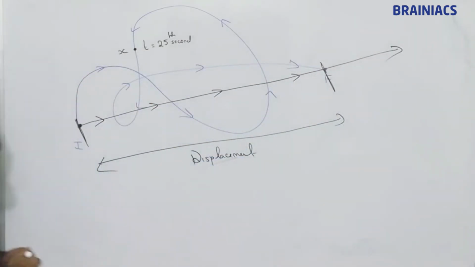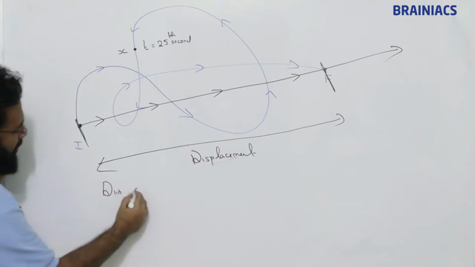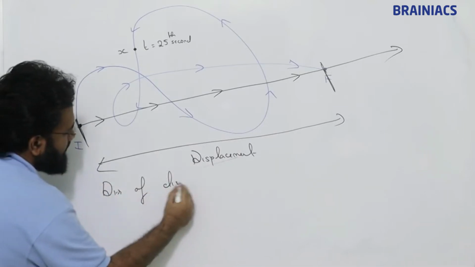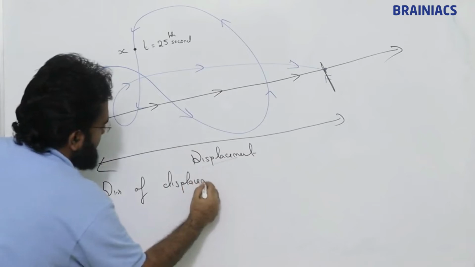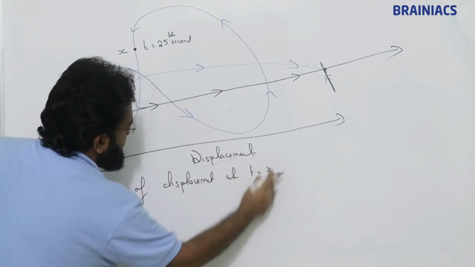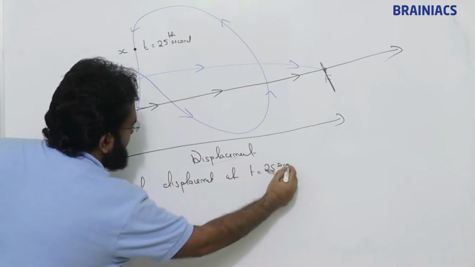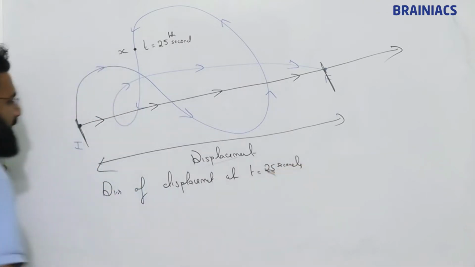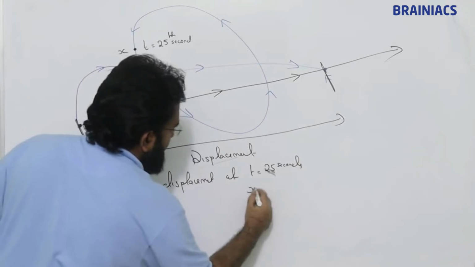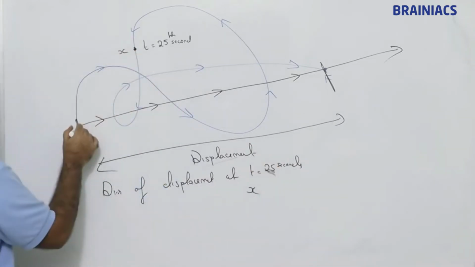Now someone is asking what is the displacement, direction of displacement at t is equal to 25 seconds or at x. Then what we will do, we should consider this as the position.